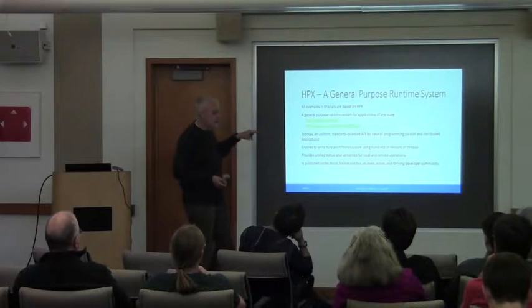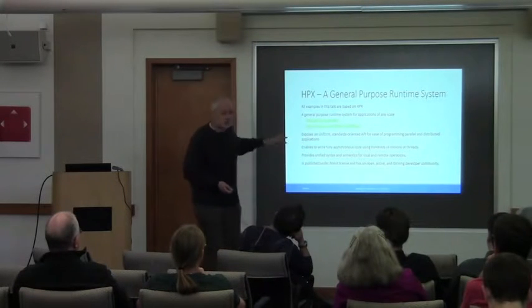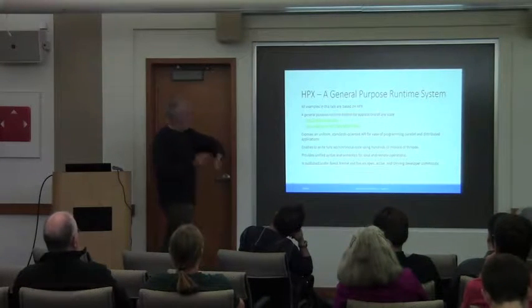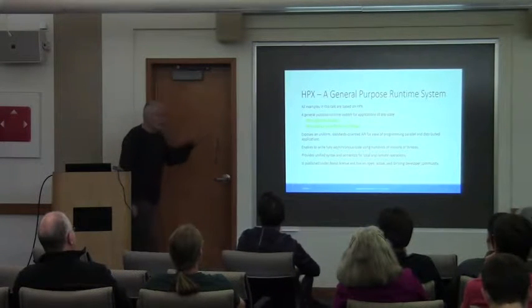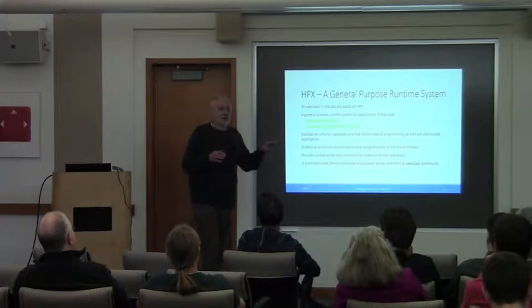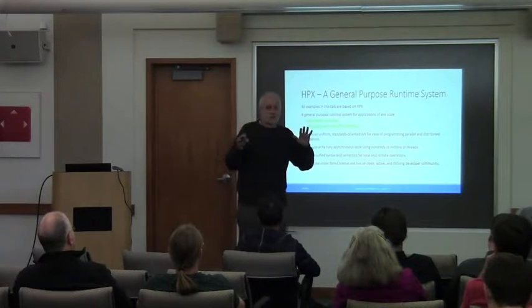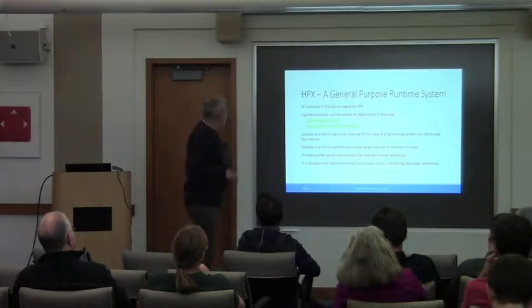Since all the examples in that talk are based on HPX, I just want to give a quick overview, but I will hurry up because otherwise I will run out of time. If you have questions about HPX and I skim over it, let's talk about that afterwards.